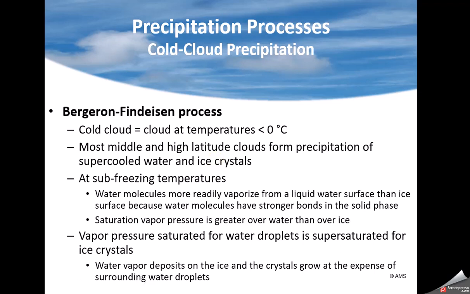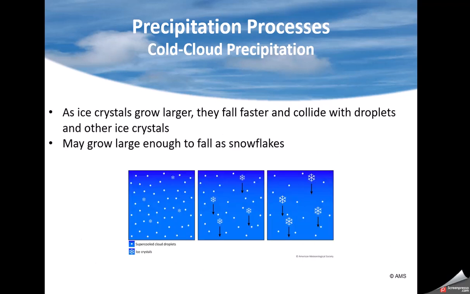The Bergeron-Findeisen effect, however, is the way most precipitation develops in the United States. So what does that mean? Well, what it means is we have ice that forms in the cloud. We said we have ice nuclei.